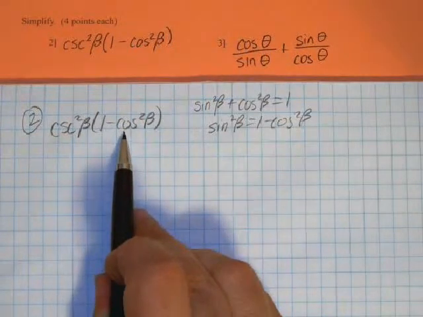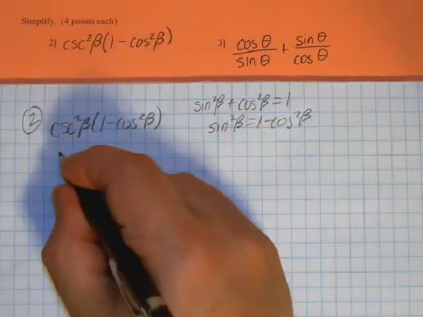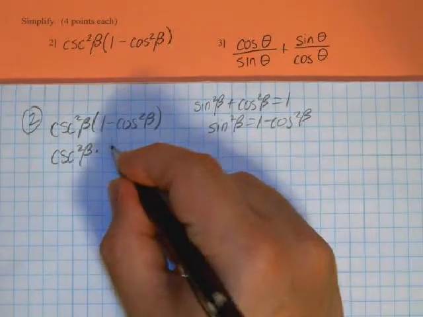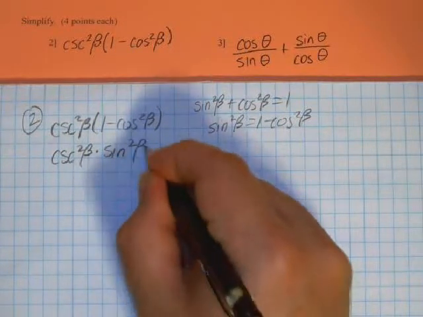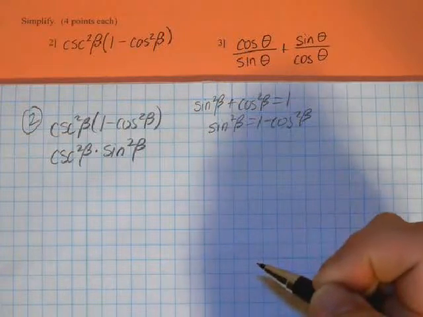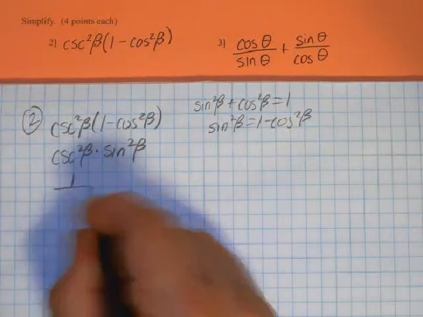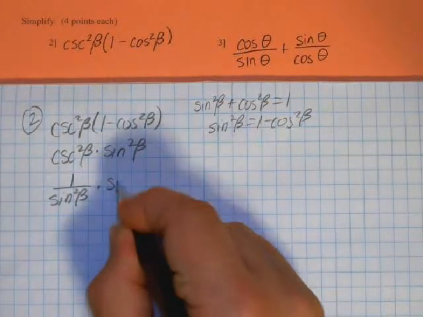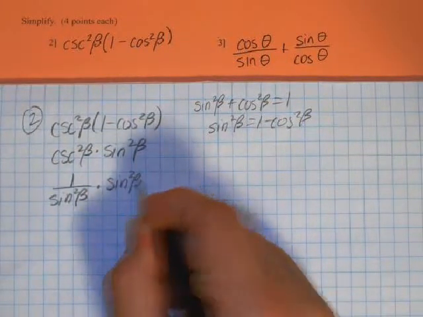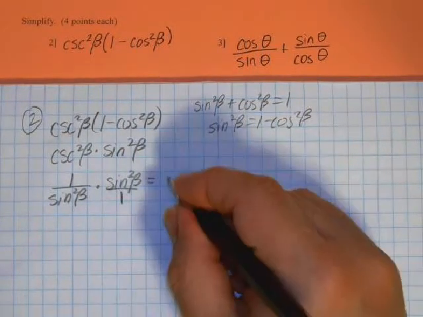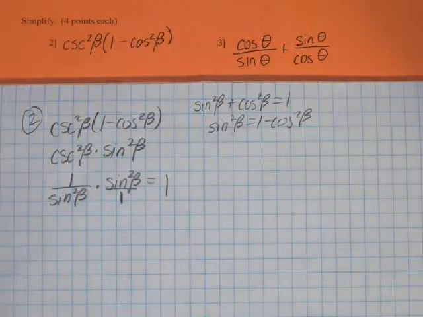Notice that I have 1 minus cosine squared here, so I can substitute sine squared in for 1 minus cosine squared. And then we know that cosecant squared is the reciprocal of sine squared. If we put that over 1, notice that the sine squareds cancel out, leaving us with 1.